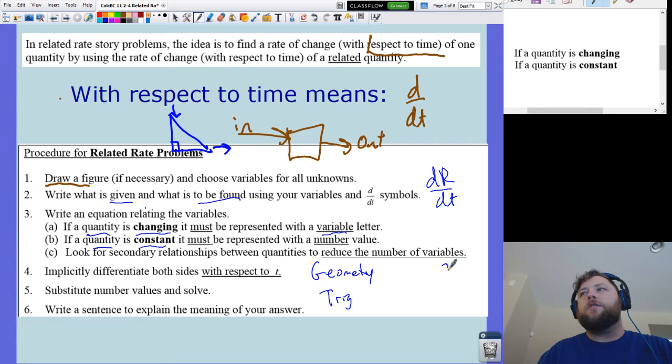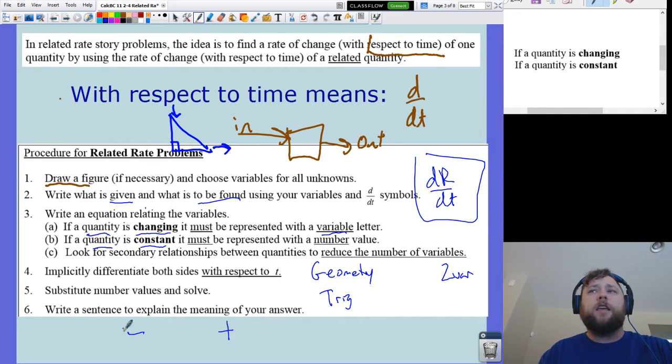Then you implicitly differentiate, substitute all your stuff in, and eventually you can find whatever you're trying to find, dr/dt or whatever. You should be able to explain the meaning of your answer. What this usually means is the difference between negative and positive. If a rate of change is negative, that means something's shrinking. If it's positive, it's growing.